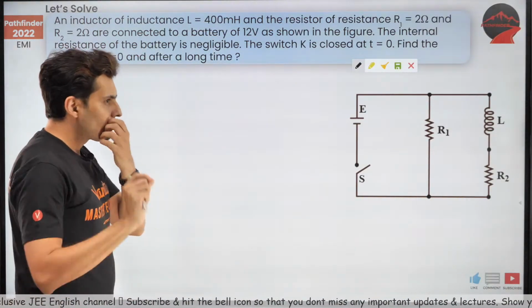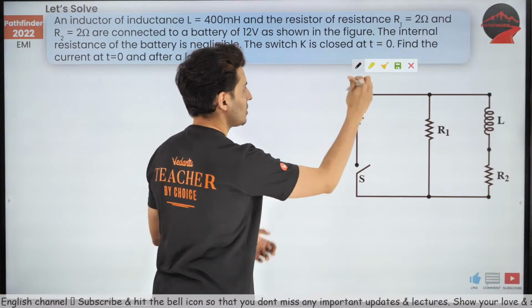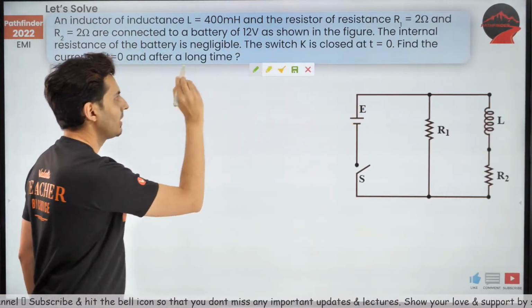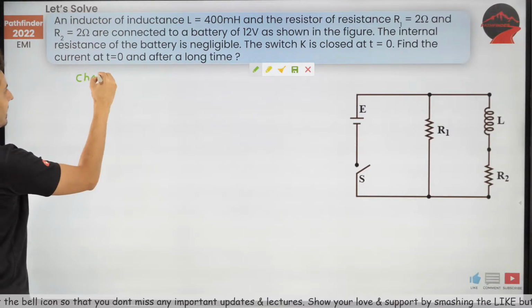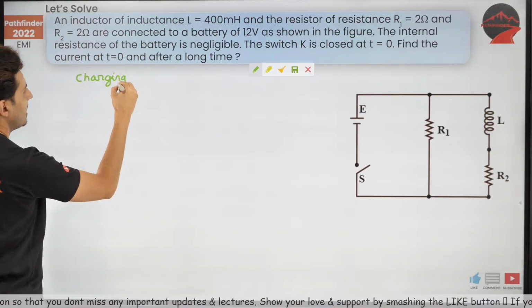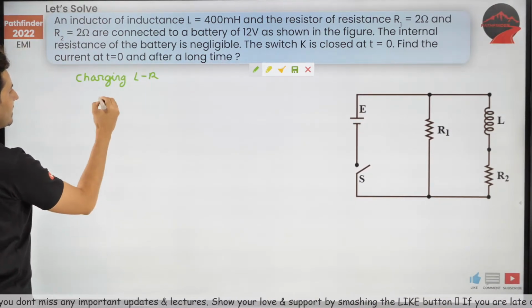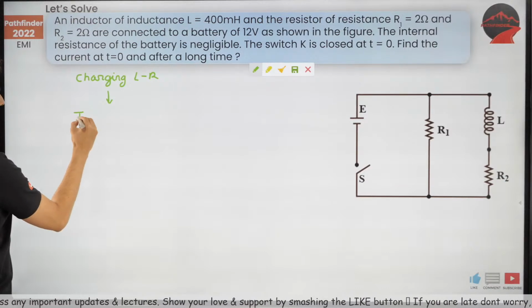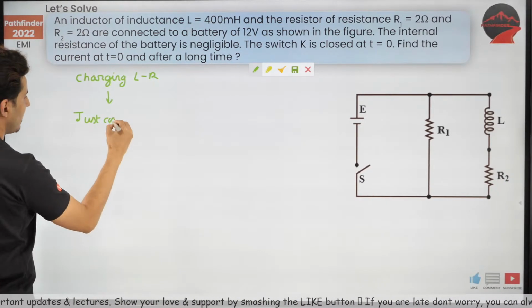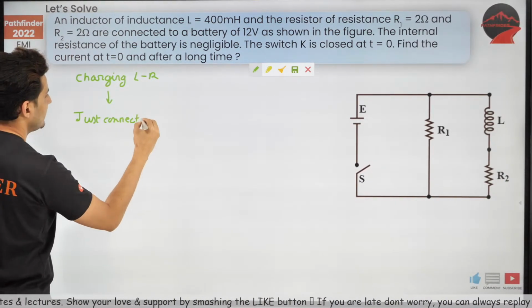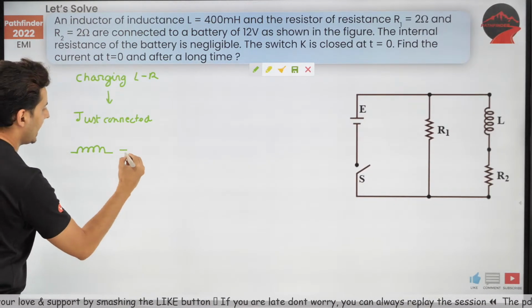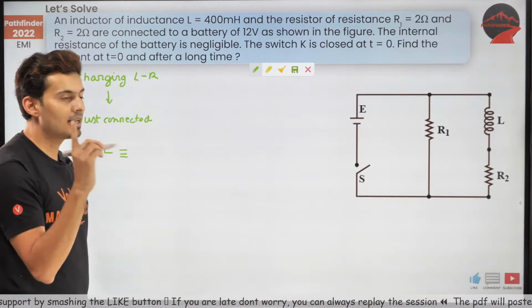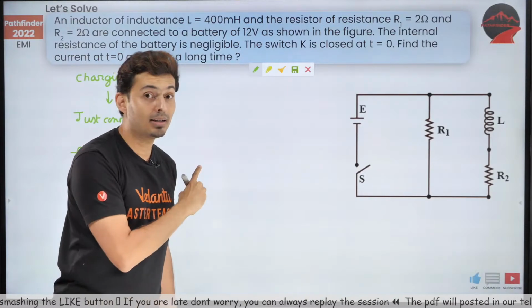So, something which I told you should remind you right now, especially in case of a charging LR circuit. Remember what I told you. When it is just connected, an inductor will act like, what did I say?